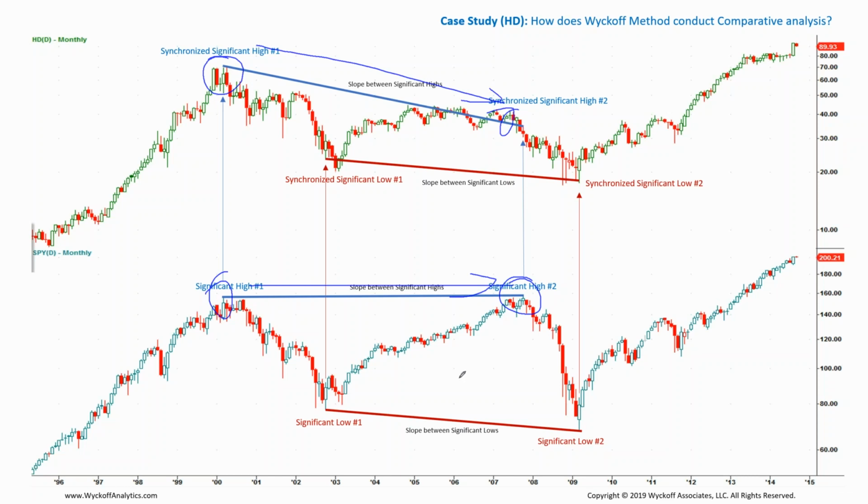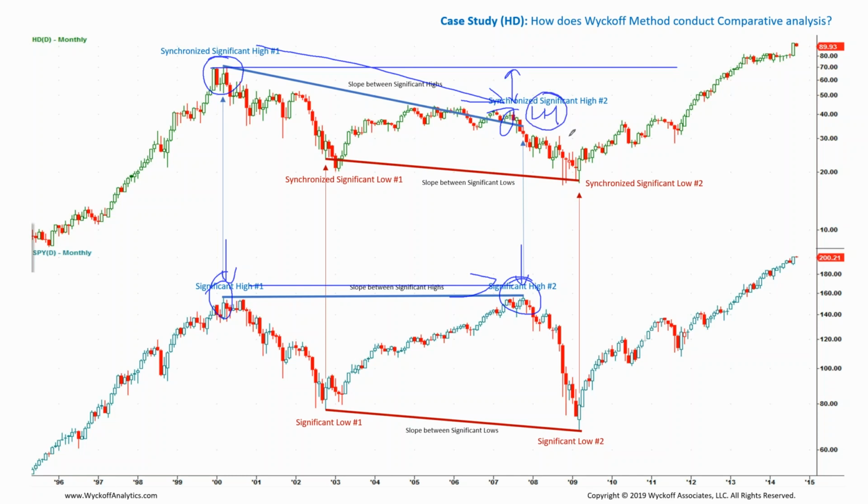And see if comparatively the price makes the same come back to the same high. And here in this case, we're seeing that Home Depot did not come back to the same high. The market has, right? So from significant high number 1 to significant high number 2, the stock has not. It actually created a significant lower high.